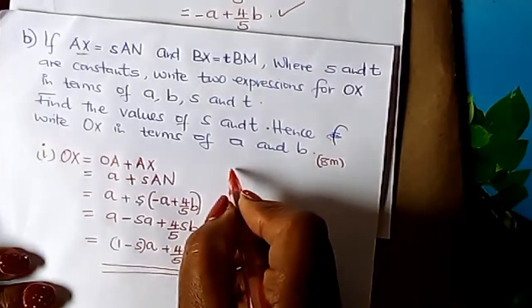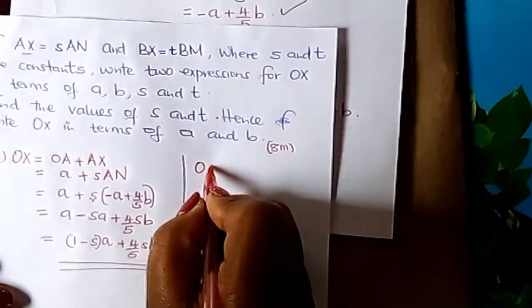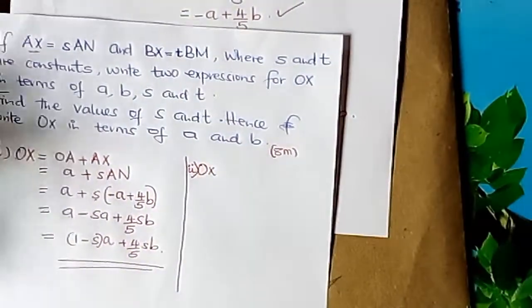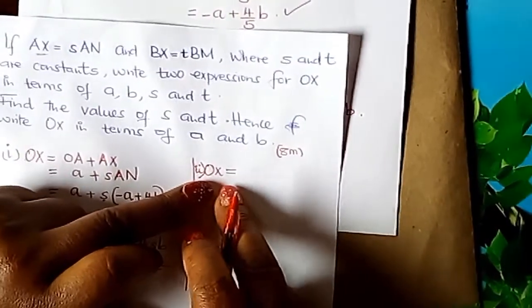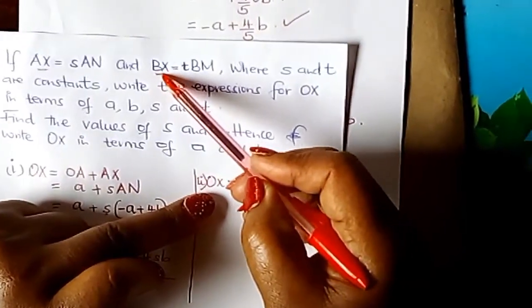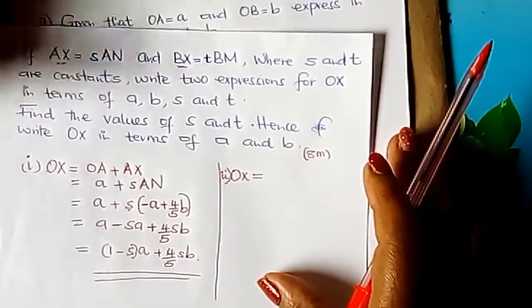We go to the next expression of OX, Lana. Expression Roman 2 there. In this expression of OX, you have to use this root here, BX. And therefore we go to our diagram.